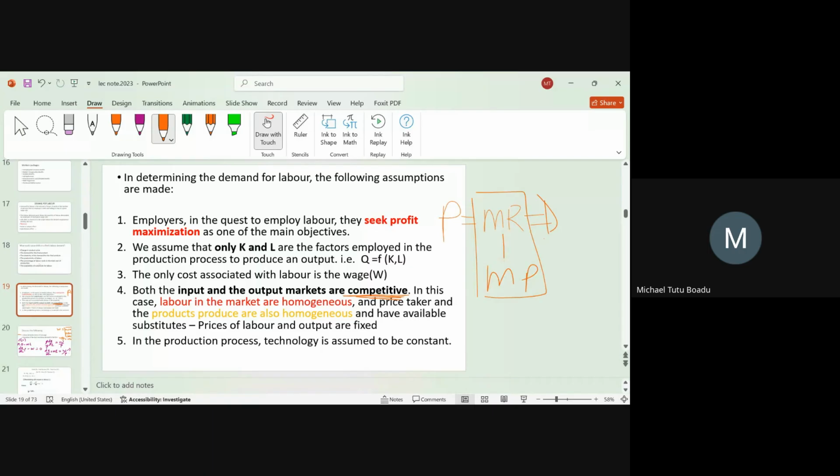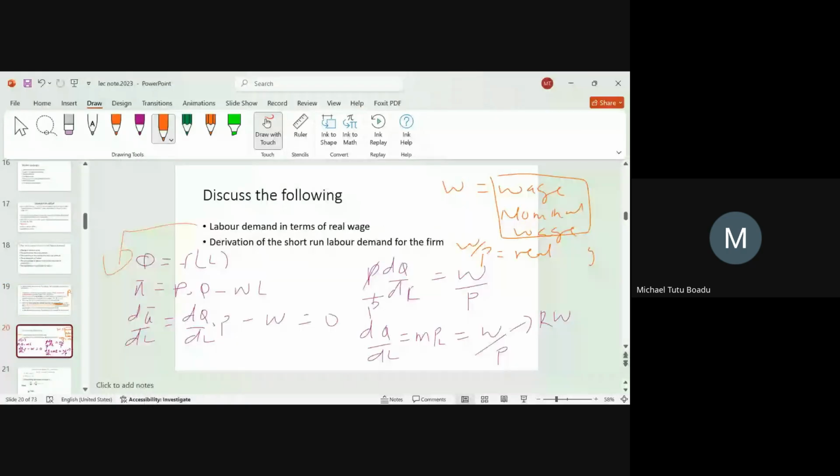So if you know the marginal product of labor, that will become the demand curve for labor in this particular market. I'm going to help us derive that shortly.